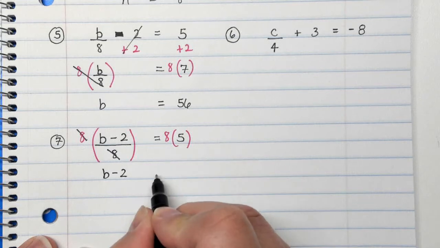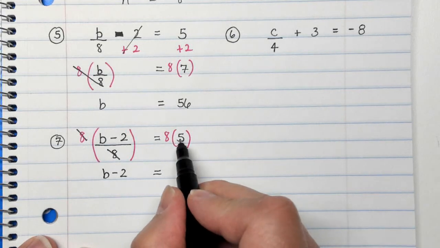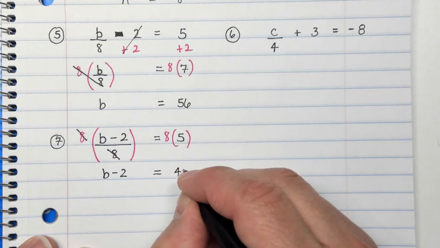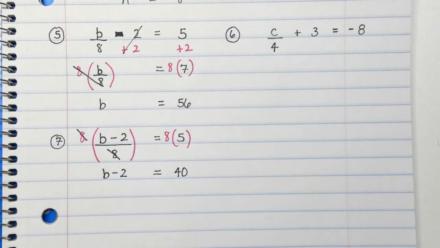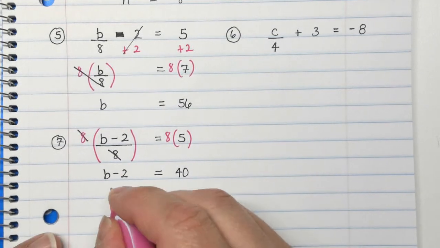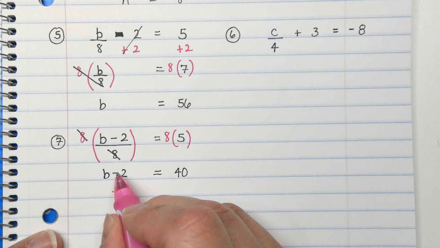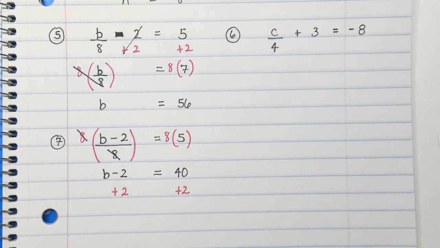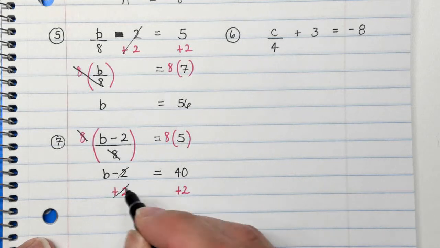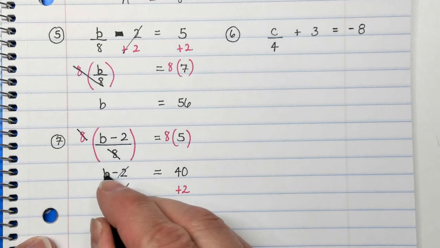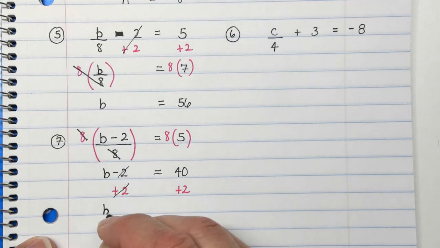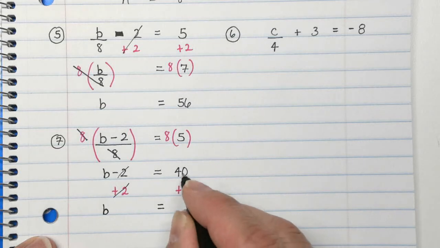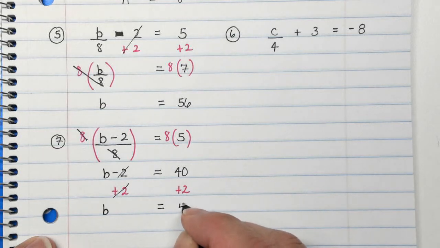Equal sign goes straight down. 8 times 5 is 40. And then the last step is adding 2. Because the opposite of minus 2 is adding 2. Voila. Minus 2 and plus 2 cancels. B goes straight down. Equal sign. 40 plus 2 is 42.